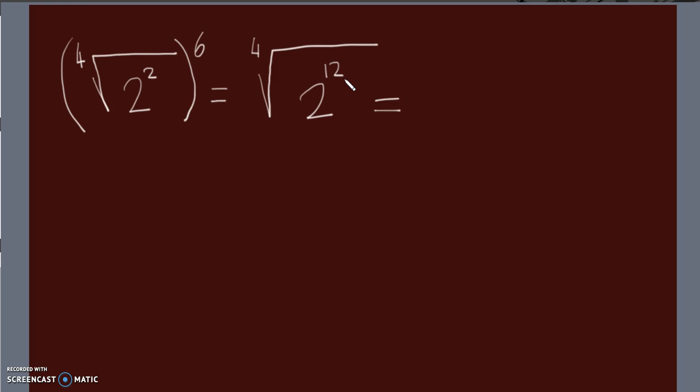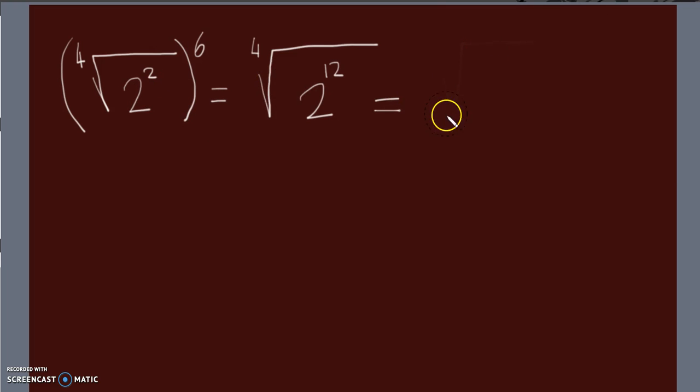We can simplify index and exponent by dividing by the HCF, the highest common factor. So in this case, we can divide by the number 4.